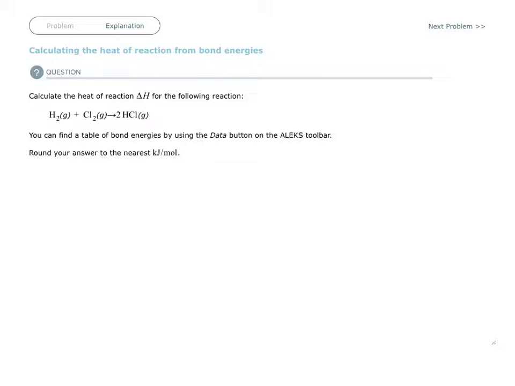So here you've got three different species. You've got hydrogen, so you have a hydrogen-hydrogen bond enthalpy. Looking it up now, hydrogen-hydrogen is 436 kilojoules per mole. Then you have chlorine-chlorine.